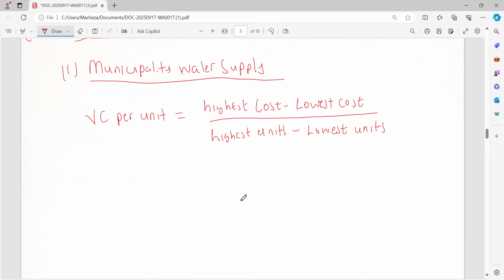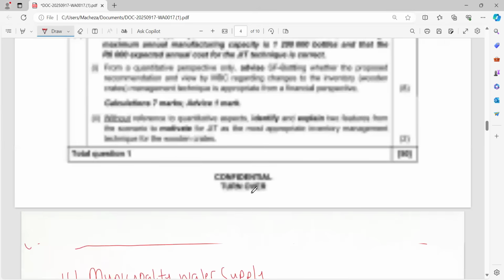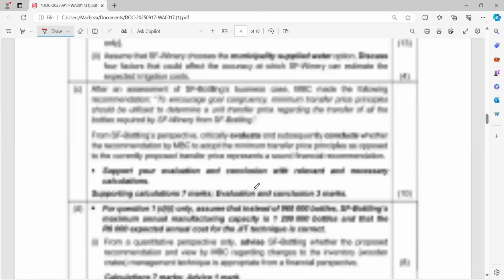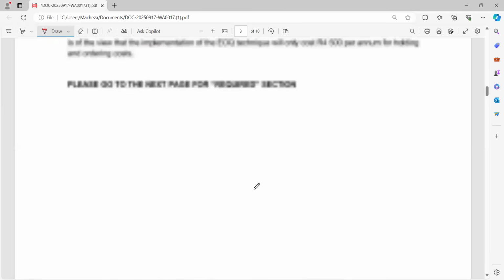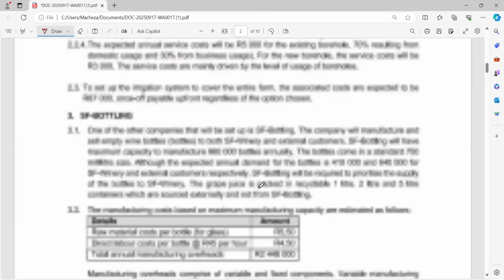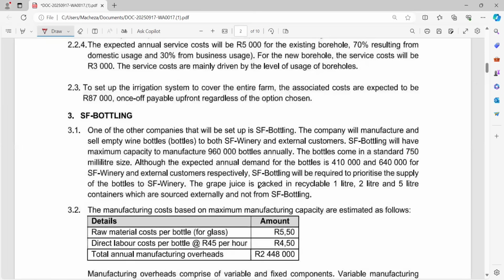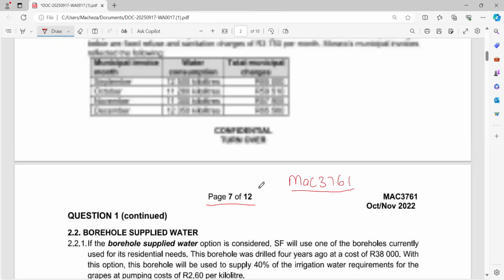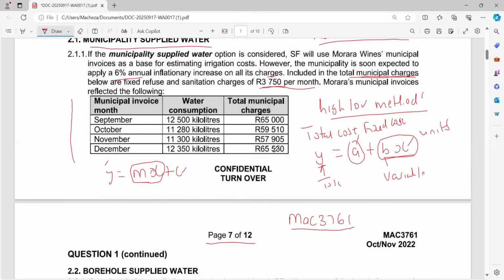So when we go to our question, what is going to be our highest cost? You determine it based on this table. Your highest is determined by the highest units. You don't look here, you look here.